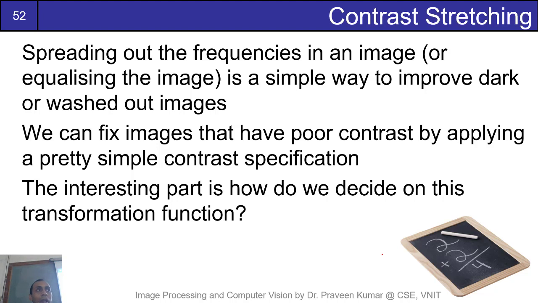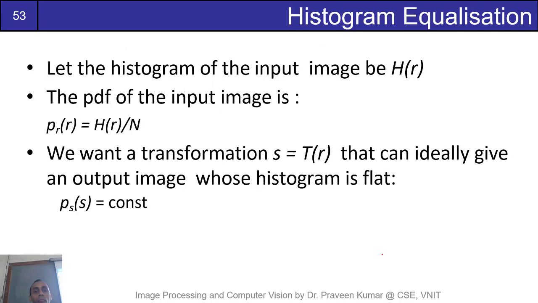We want to do contrast stretching. Our task is to take an input image, obtain its histogram, normalize it by the total number of pixels, and that will basically be its PDF function.